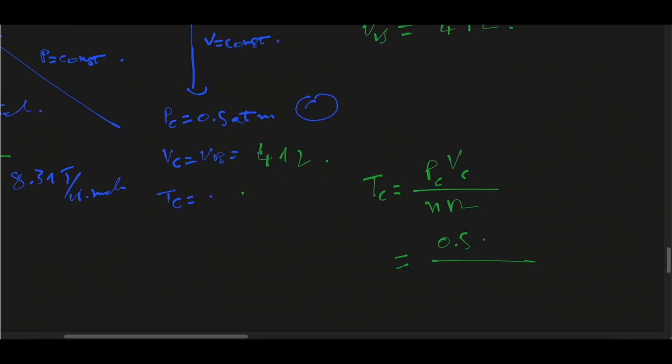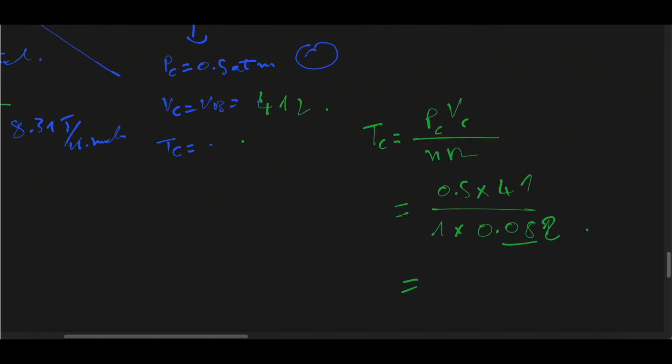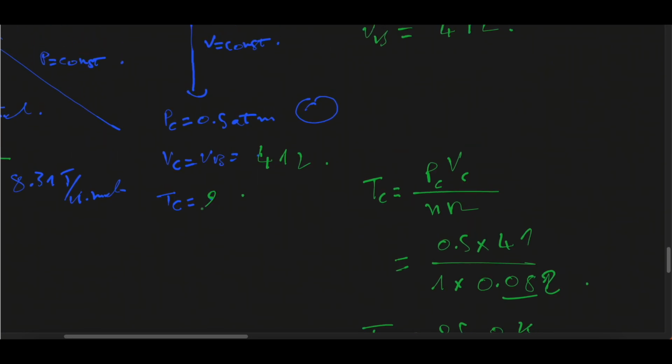We have 0.5 times 41 over 1 times 0.082. Here again we use the R constant because the pressure is in atm. If we plug each value into a calculator, we get a temperature of 250 Kelvin.